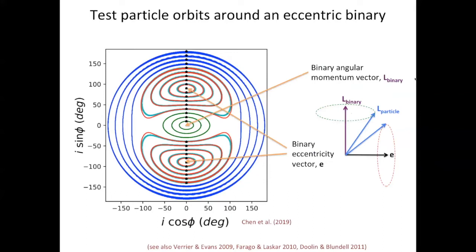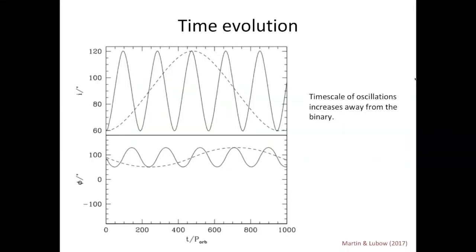Let's look at one of these in more detail. I've highlighted this purple orbit that has an initial inclination of 60 degrees. Here we see the inclination and nodal phase angle as a function of time for that orbit that begins at 60 degrees.